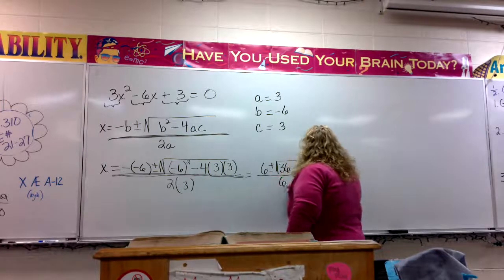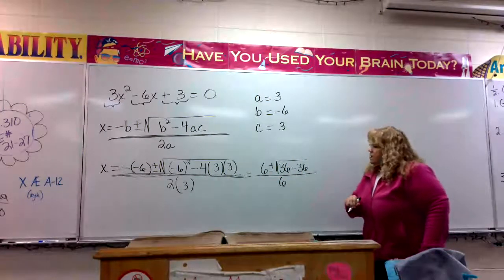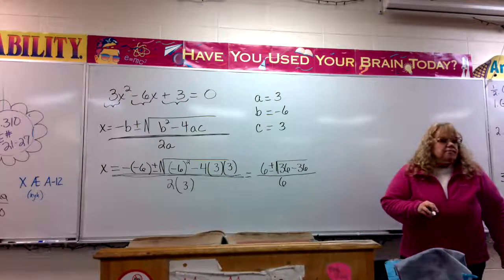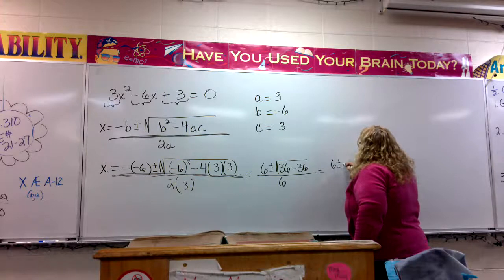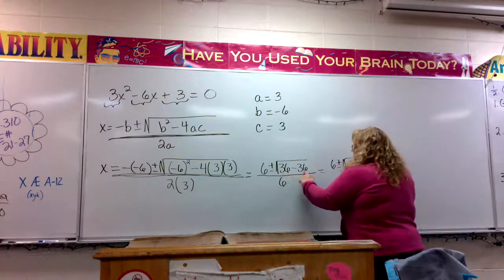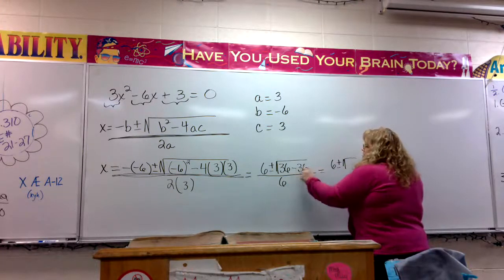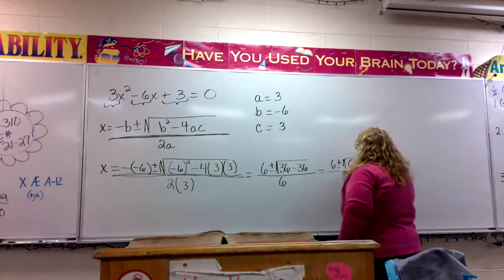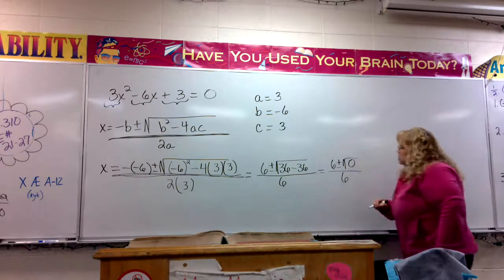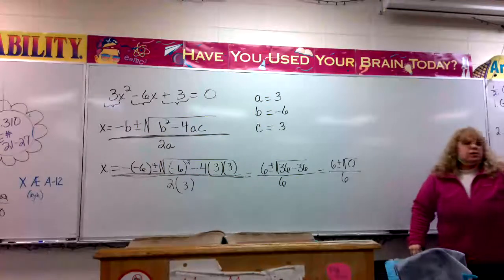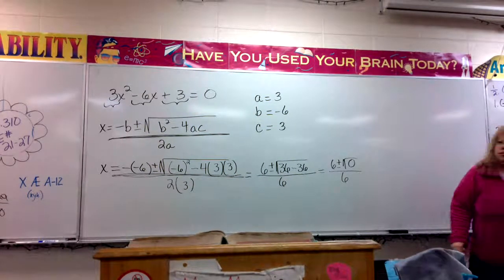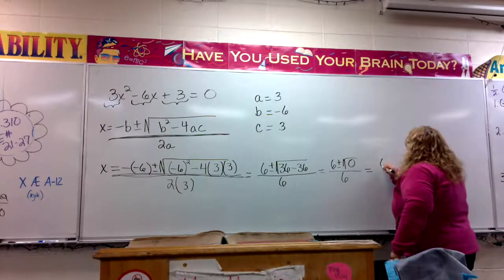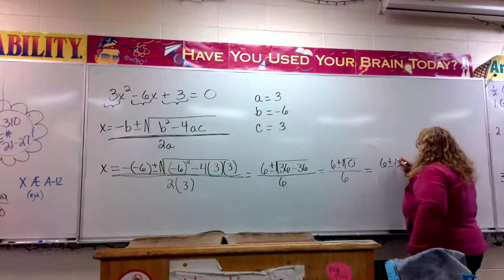All over 6. I guess we don't really have a problem. 6 plus or minus square root of? Nothing. 36, take away 36 is 0. What's the square root of 0? What times what is 0? Nothing. 0. 6 plus or minus 0.